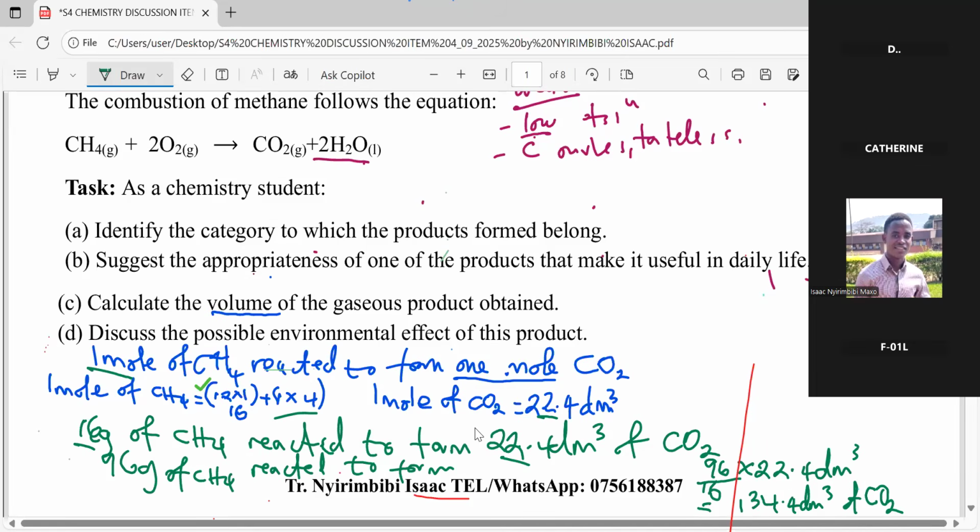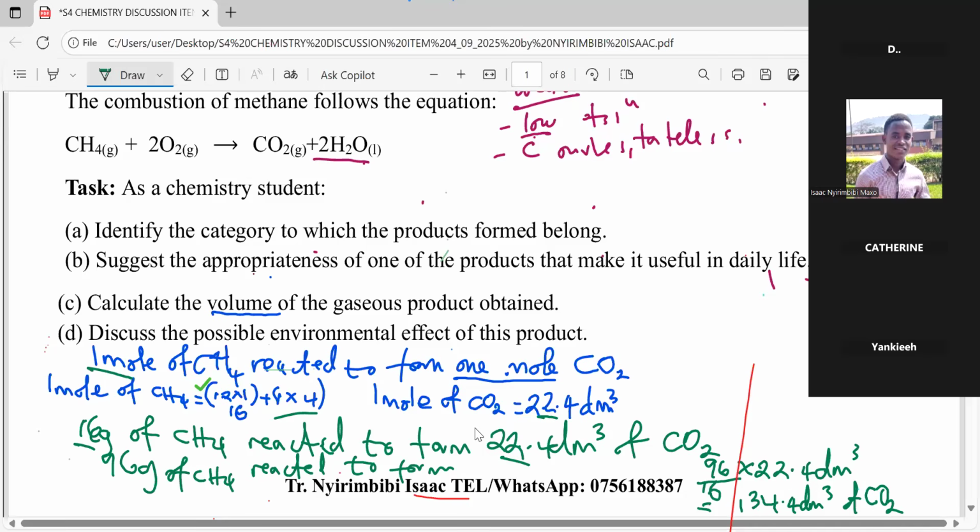The reason why we set it in this format is for us to have a feel of a standard item. They have combined bonding and mole concepts, and now we are seeing the last part, part D, which says discuss the possible environmental effect of this product. You'll find we are still looking at carbon in the environment.